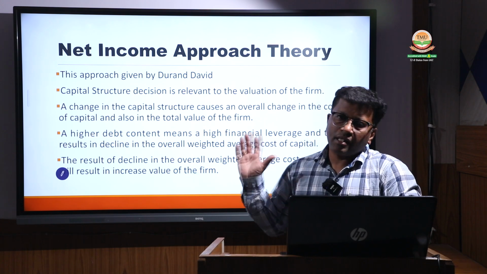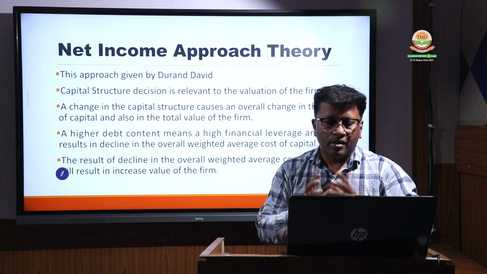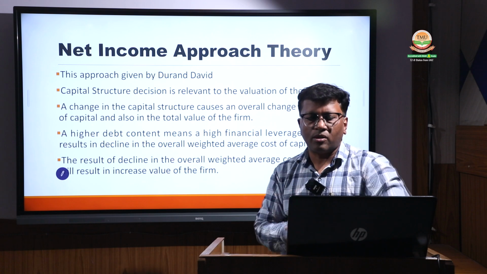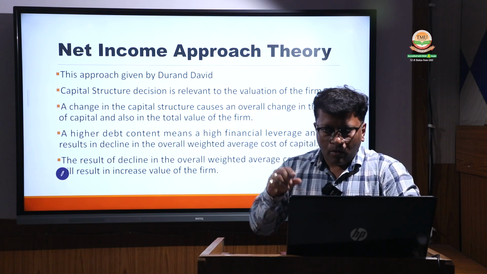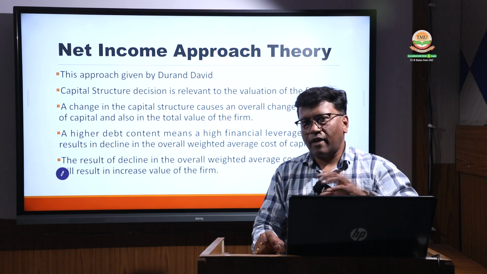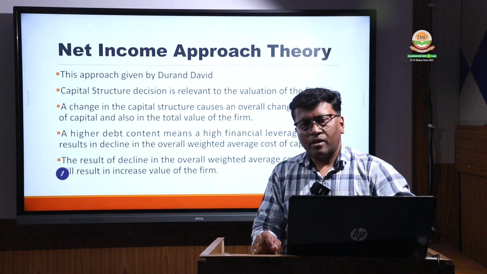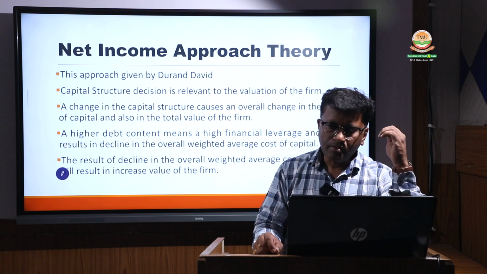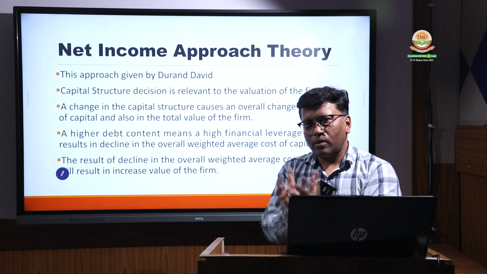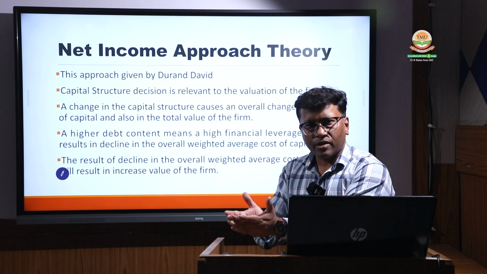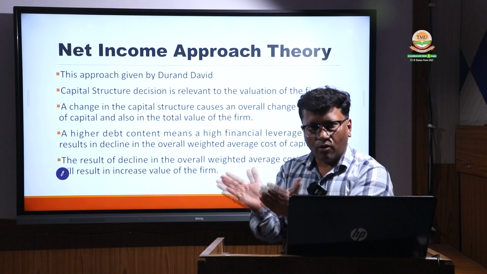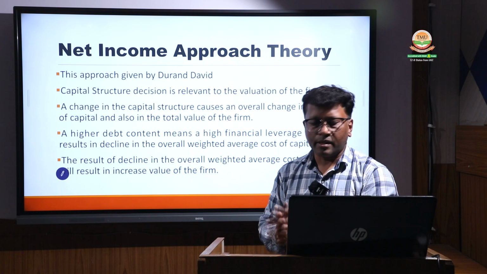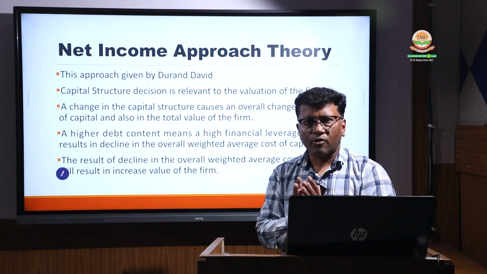It means under this particular approach, the capital structure decision is considered relevant to the valuation of the firm. For example, suppose we have to calculate the valuation of a firm. There are two kinds of capital, debt capital and equity capital. We calculate the value of debentures in the firm and the total value of the shares issued by the organization in the market, which gives the total valuation of the firm.